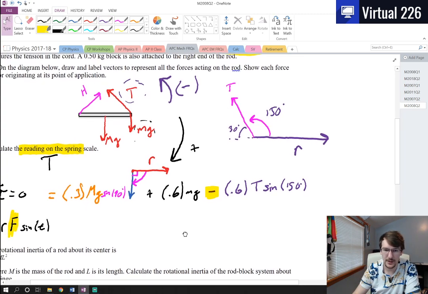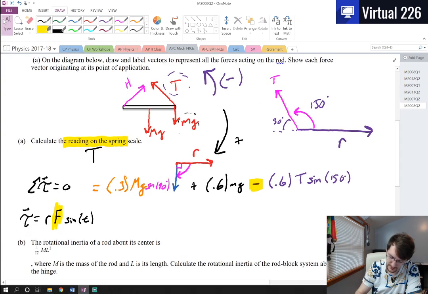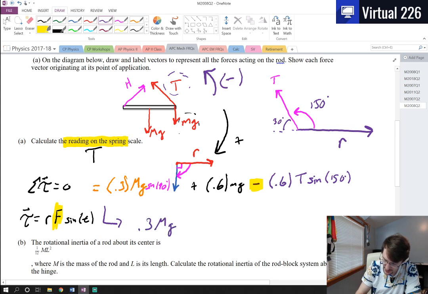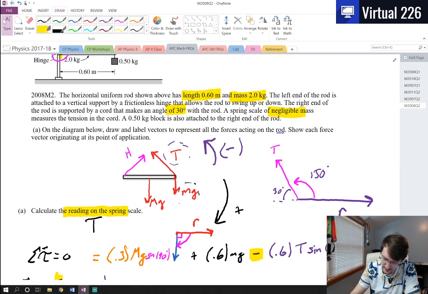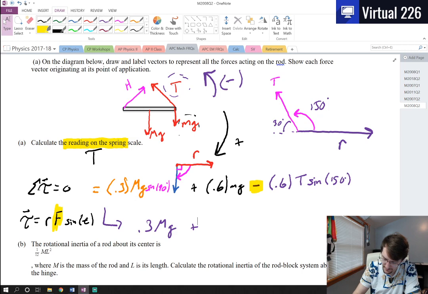So let's see what we've got. Time for some math. Let's do the math down here. We've got 0.3 mg plus, actually, did they give us? Yeah. Plus 0.6 little mg minus, what's the sine of 150?